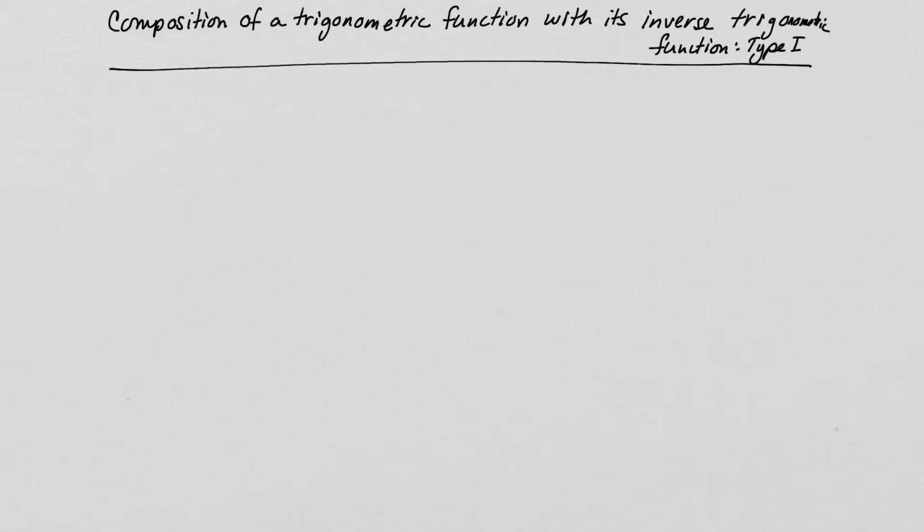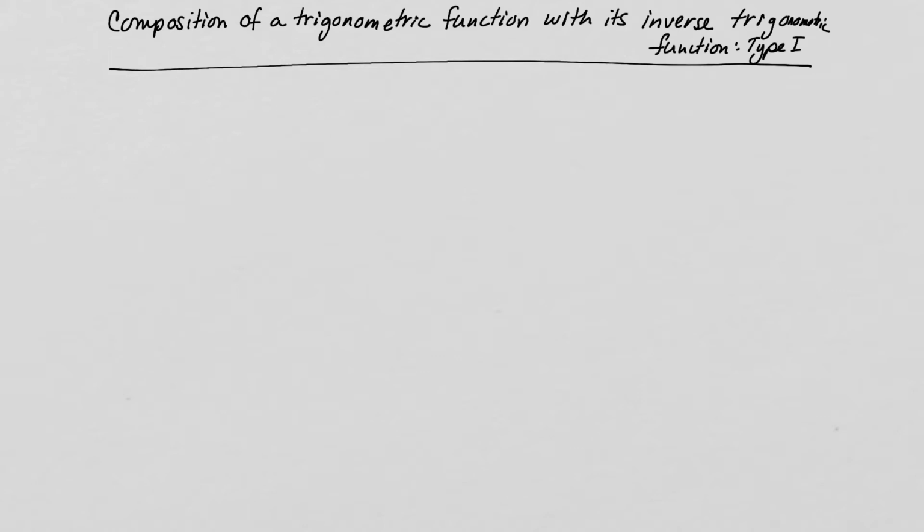So in this video, we're going to look at composition of trigonometric functions along with their inverse trigonometric functions. Remember, a function and an inverse undo each other. So if you take the composition of f of x with f inverse of x, you're just going to wind up back with x.